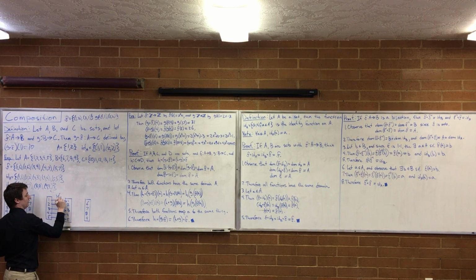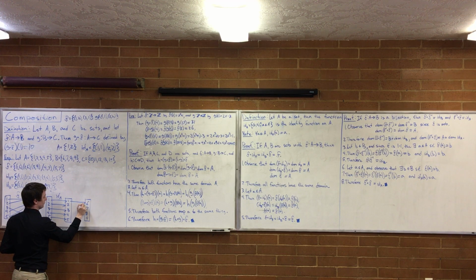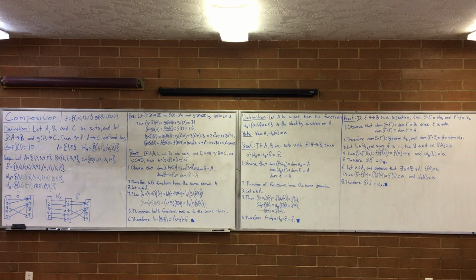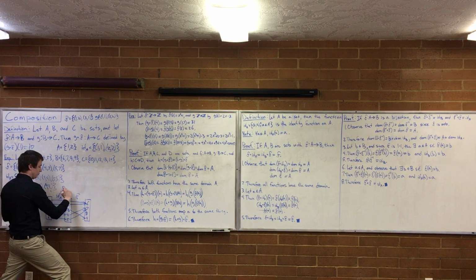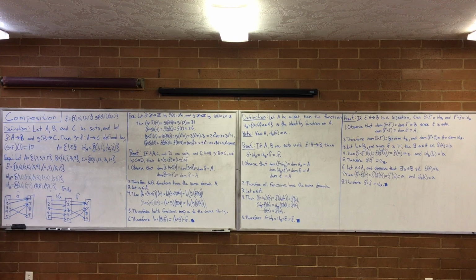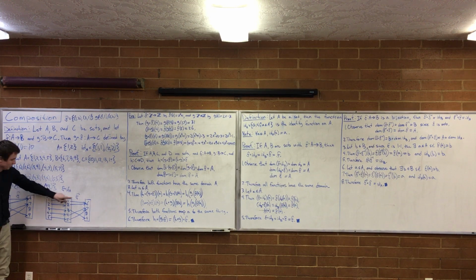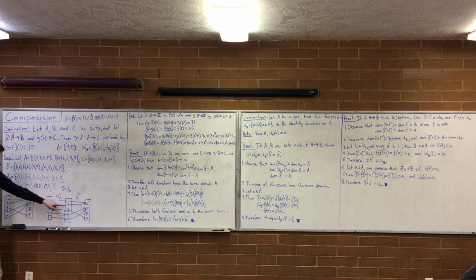Here's the identity on A. Here's F. So this whole function is F composed with the identity on A. It is a function. It maps 1 to 6. It maps 2 to 6. So it gives you F.